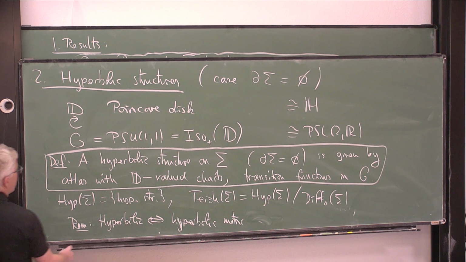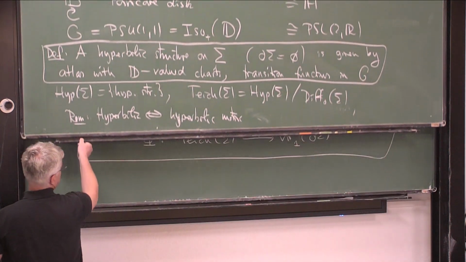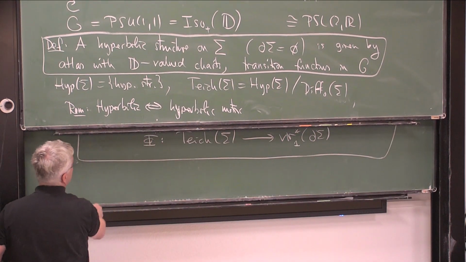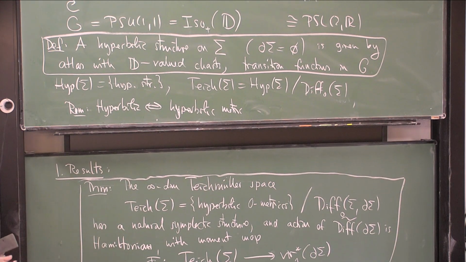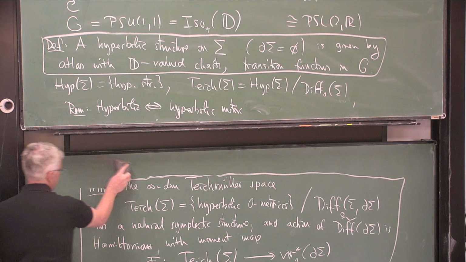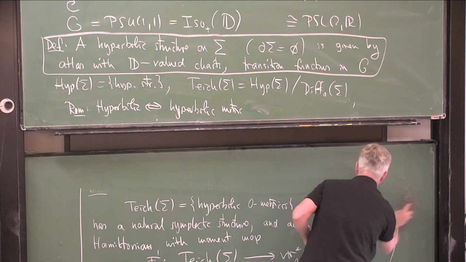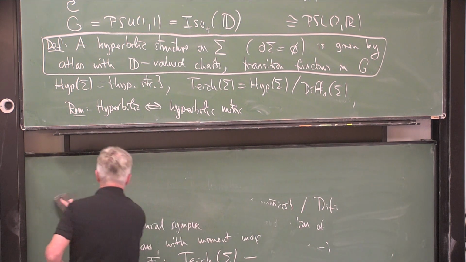All right, some remarks about this definition. Of course, we all know that Teichmueller space is just some vector space. It's contractible.